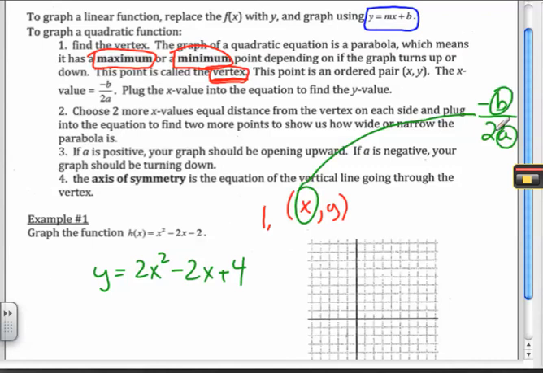Okay, for this equation, b would be negative 2 and a would be 2. Just like if we were using the quadratic formula. Negative b plus or minus the square root of b squared minus 4ac all over 2a. Doesn't this look like part of the quadratic formula? Yes. Okay. All right. This part is how we find the x value.